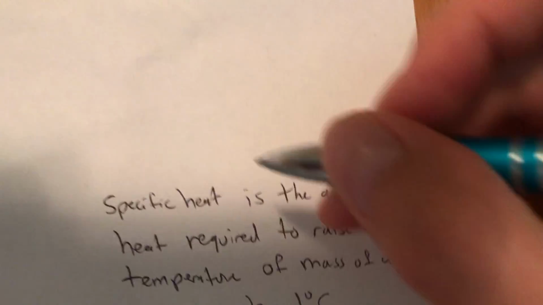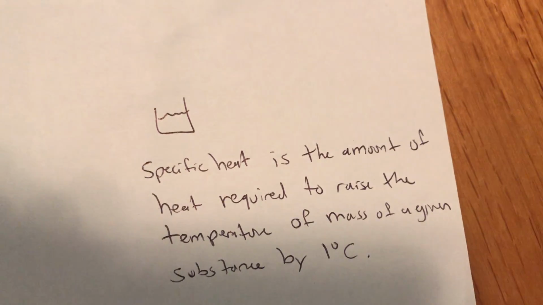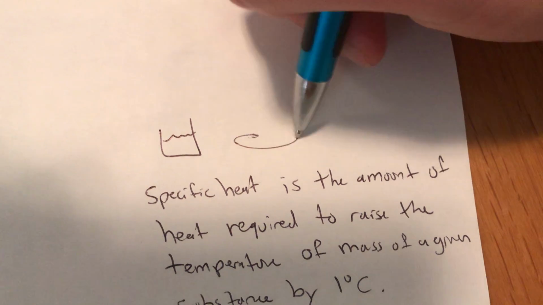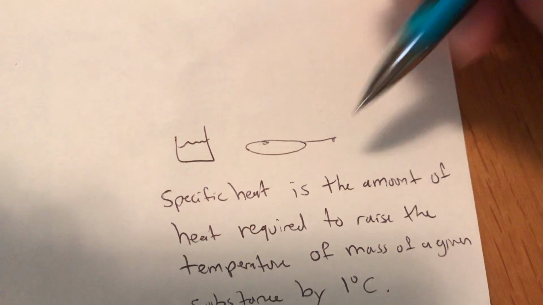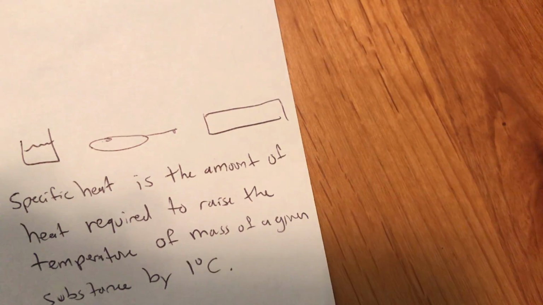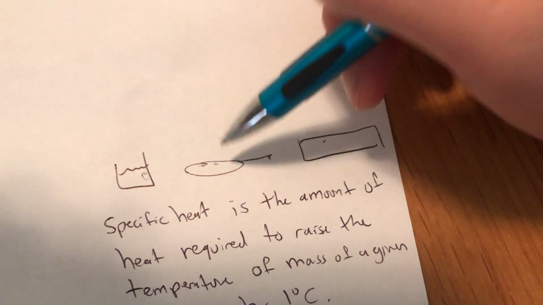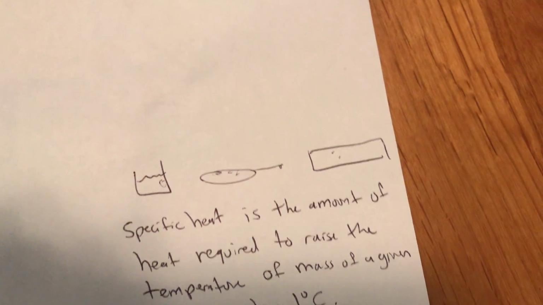It changes by different substance. A glass of water is going to have a different specific heat than a pan for cooking, which is going to have a different specific heat than a brick. Each one has a different specific heat, depending on the substance.